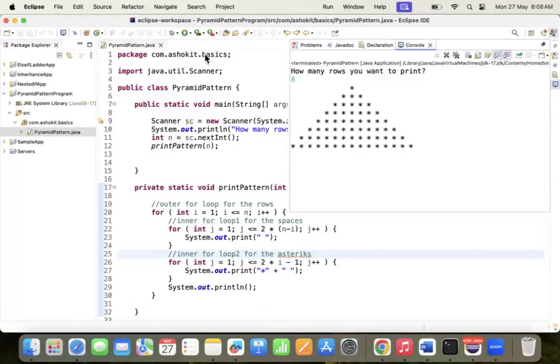I mean, see, what my intention is, don't write the logic in the main method. Generally in Java, the main method is used for taking the input, calling the other methods, displaying the output, but not for writing the logic.